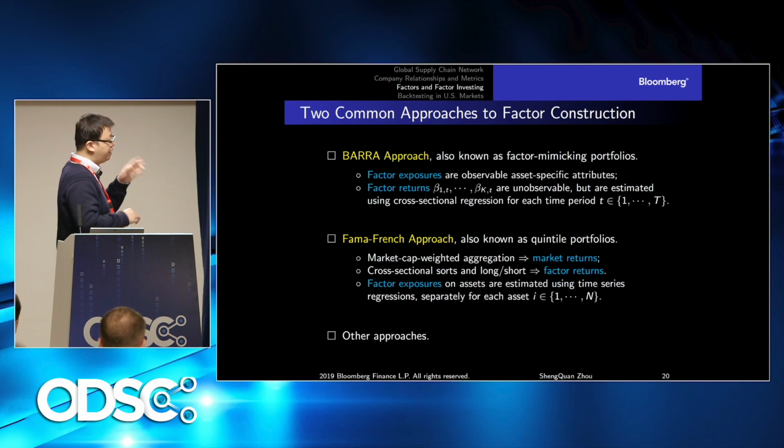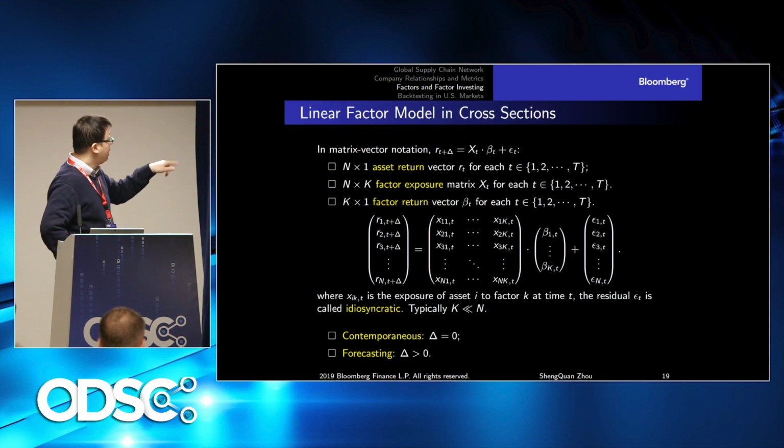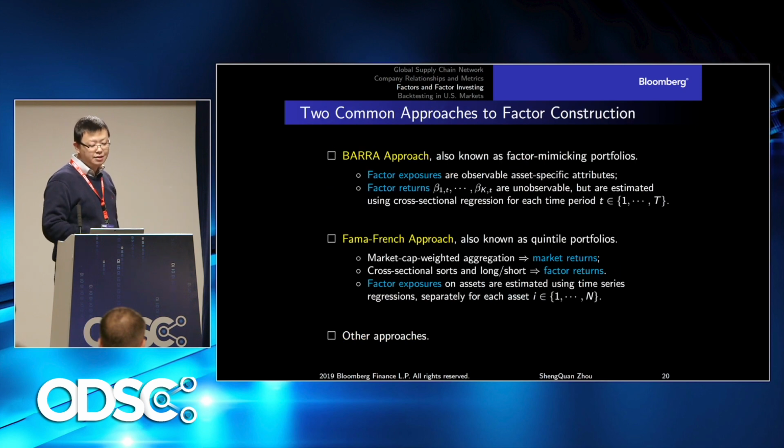You identify this long-short portfolio as the factor portfolio of the value factor. Then you basically know what the beta for the value factor is. Once you estimate all the betas, you will get the X matrix by time series regression for each asset individually. So in this work, we actually use the Fama-French approach.